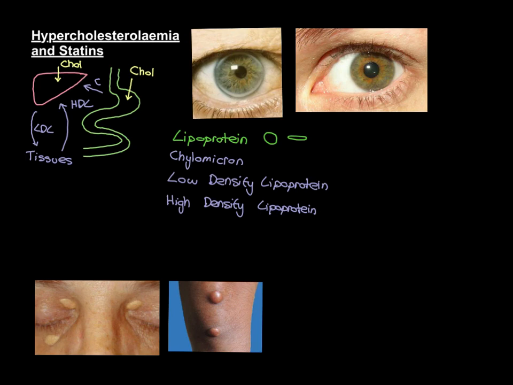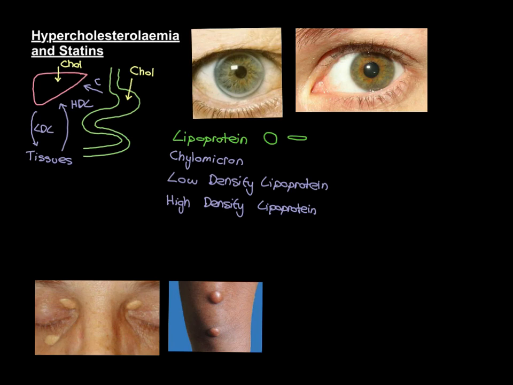And that is the basics of cholesterol transportation that I want you to understand in order for us to then discuss hypercholesterolemia. So let's just finish by summarizing it, and then we'll have a break, and in the next video we'll move on and discuss hypercholesterolemia. Overall, there are two main inputs of cholesterol into the human body: dietary and de novo synthesis by the liver.